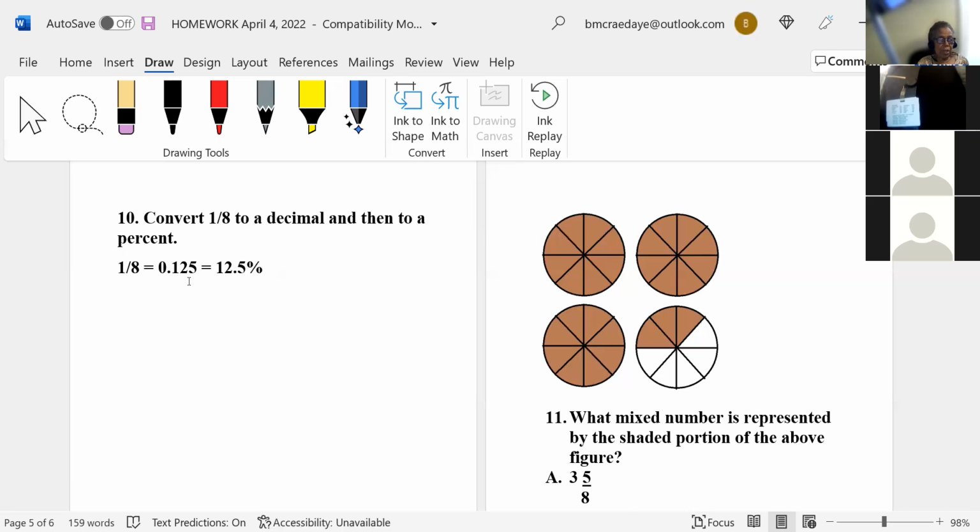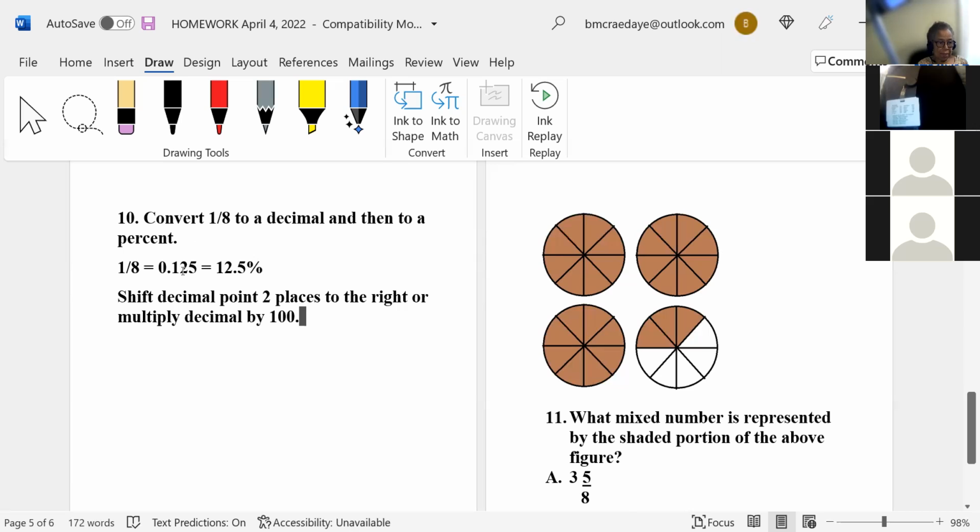Okay, so let me just put it here again. Shift the decimal point two places to the right, or it's the same thing as multiplying the decimal by 100.